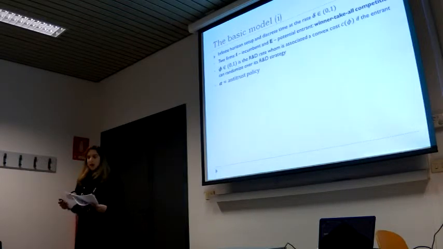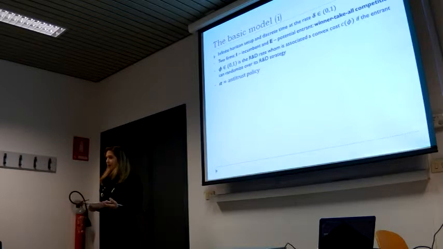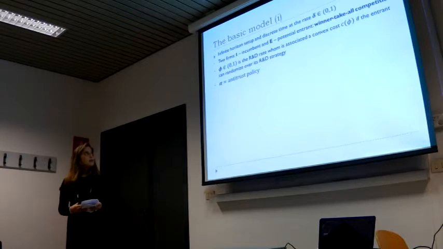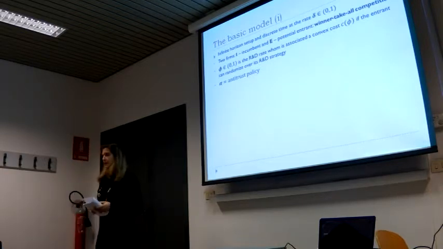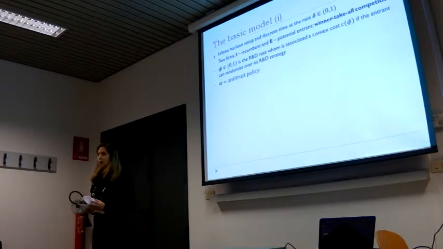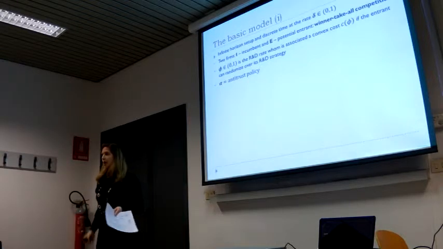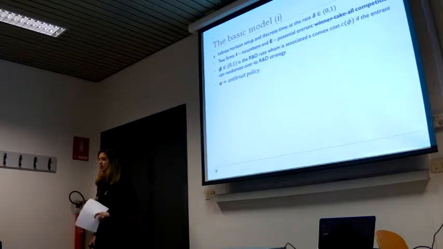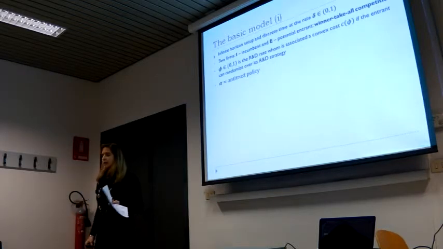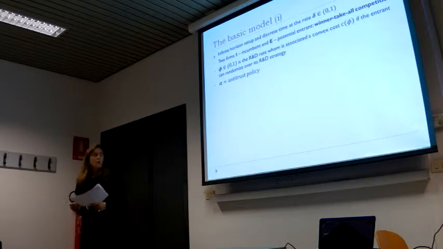Well, that was all you have to know before going on to the basic model. The basic model in this paper is a simple stylized model in which in each period there is just one firm that is the incumbent, and just one firm that wants to enter the market, innovating and obtaining a patent that will give it the possibility to become the new incumbent.